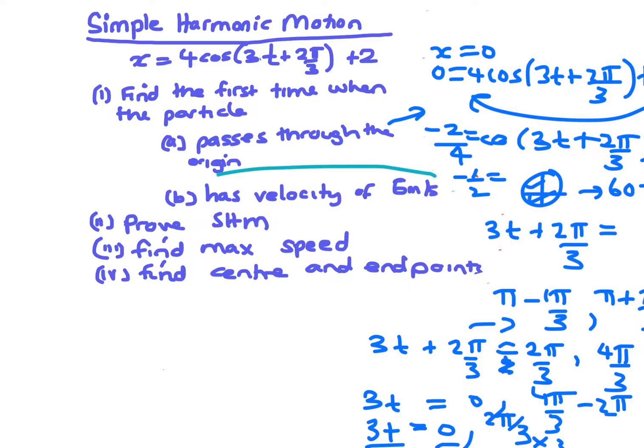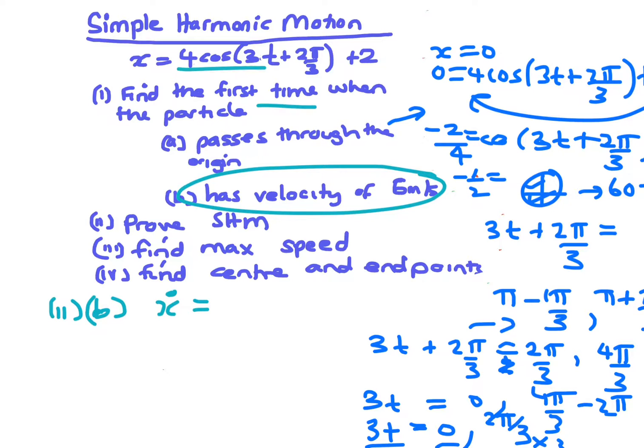Okay, so it has a velocity of 6 meters per second, so we want the time. So that means that we are going to have to differentiate. So cos will go to minus sine, so it's minus 4 sin(3t + 2π/3), and then times 3, because that's the derivative of what's inside, and the plus 2 at the end will just go to 0.